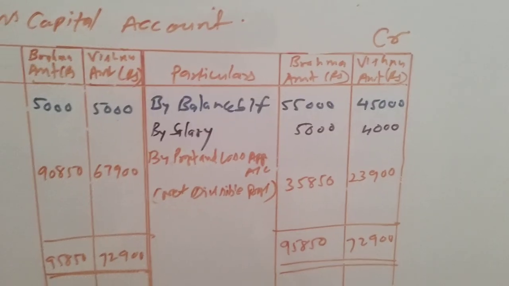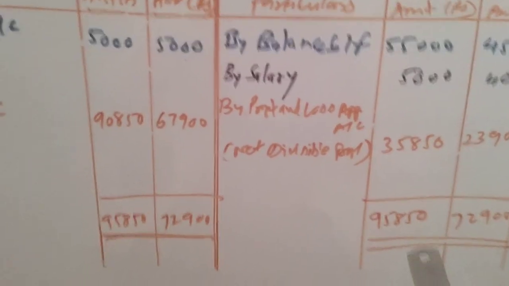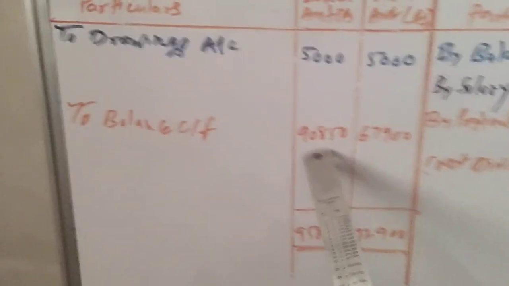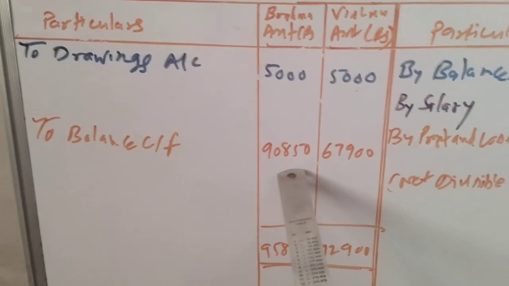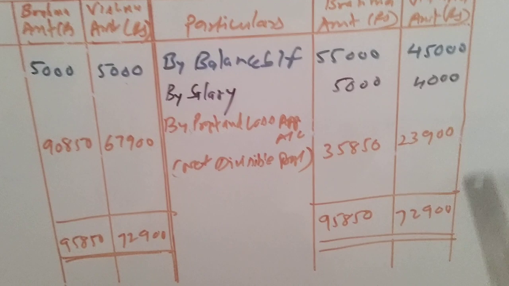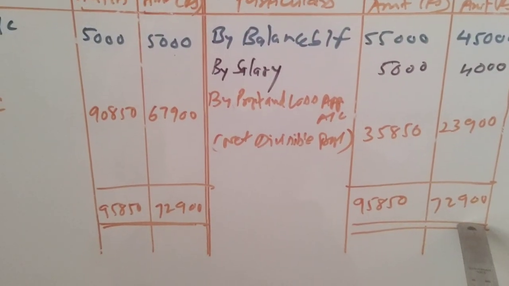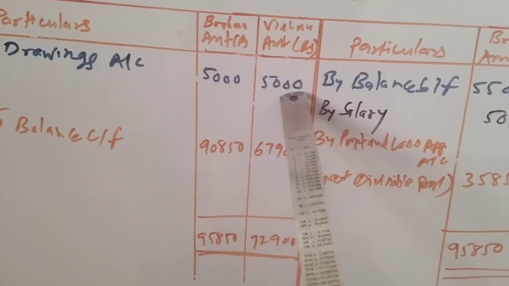Now here it is. The credit side total of Brahma's is 95,850 and the debit side is 5,000. So the difference is 90,850. In the same way, the credit side total of Vishnu is 72,900 and the debit side is only 5,000.